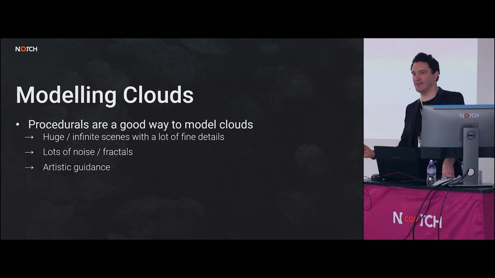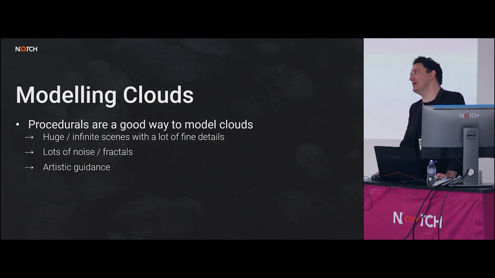You can't do a skyscape in fields. And if you do particles, you can put a cloud shape on a particle, but it ends up not really having any lighting or detail. So yeah, there's no really good solution, but procedurals can be a really good solution to model clouds.